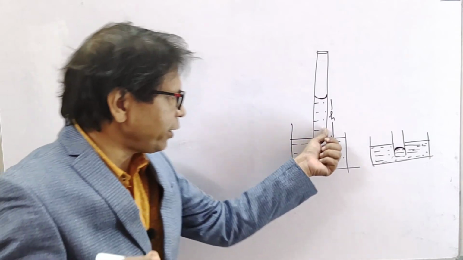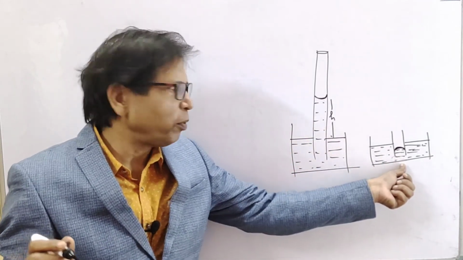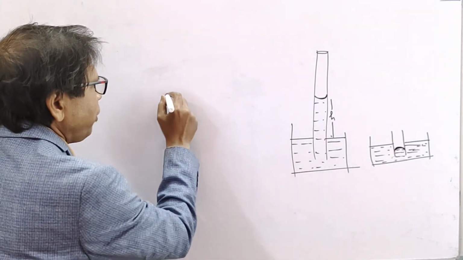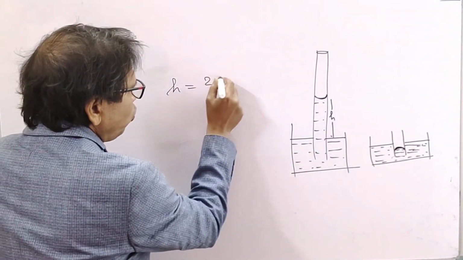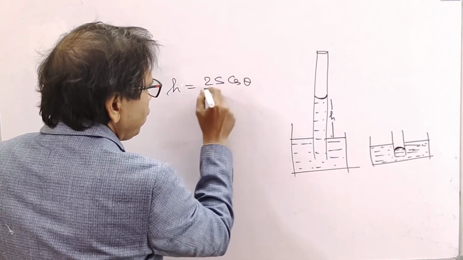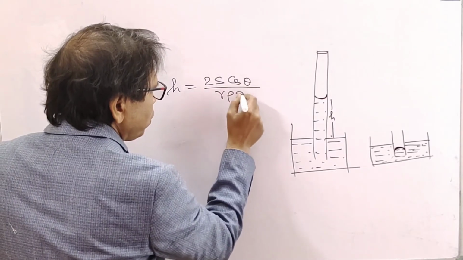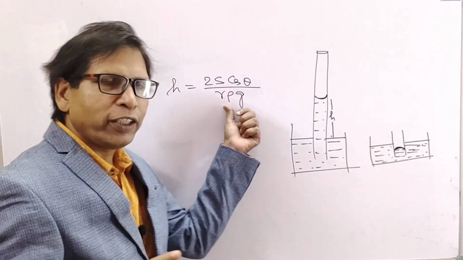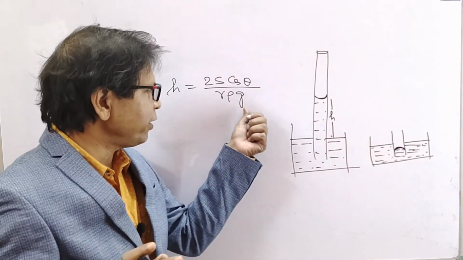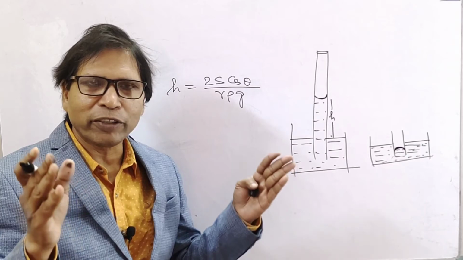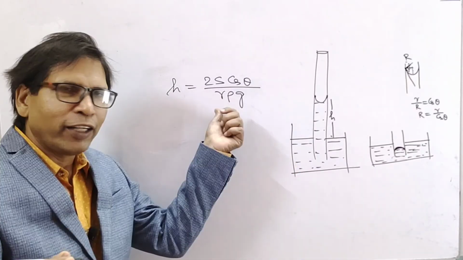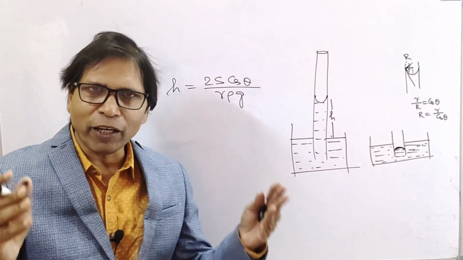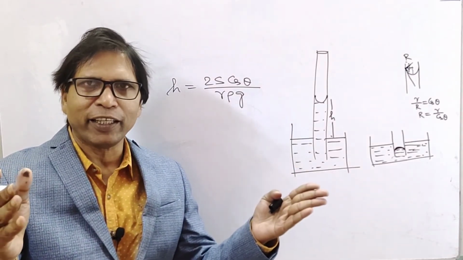The height of ascent or descent of the liquid column in a narrow capillary tube of radius r is given by h equals 2s cos theta divided by r rho g, where s is the surface tension of the liquid, rho is the density of the liquid and g is the acceleration due to gravity. Now the derivation of this formula is obtained from the concept of excess pressure.